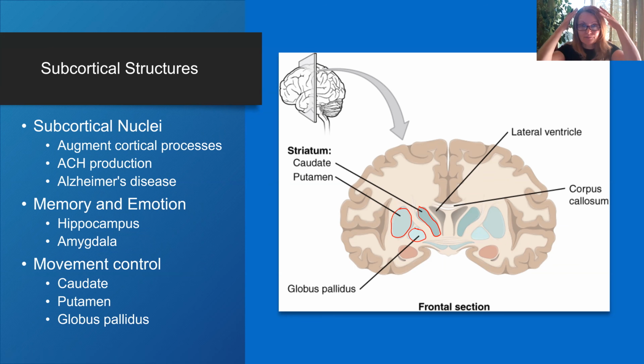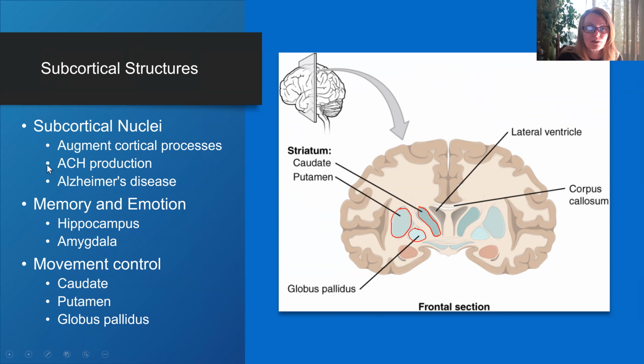So before your cerebral cortex sends this information to your muscles and gives them this command to move, it will consult with these subcortical nuclei, making sure that you initiate movement smoothly and that you inhibit unwanted movement. So these subcortical nuclei have a lot to do with motor function, right? A movement of your body.